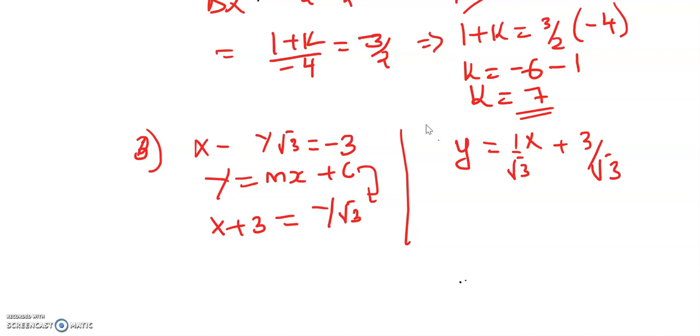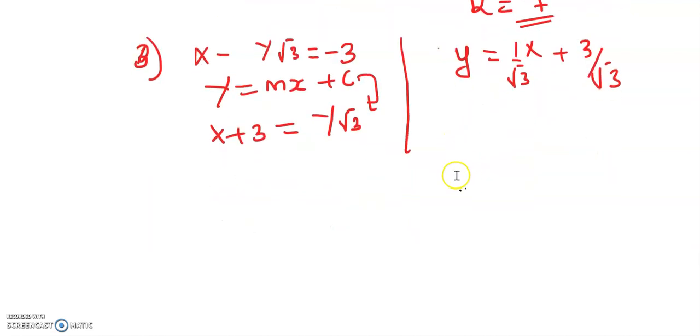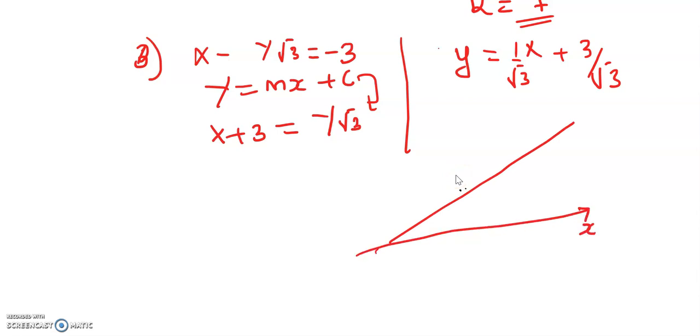Now this one has a positive gradient, which means that the line is moving in this particular direction. So this is what they are asking. This is the horizontal x-axis and this is the line. So they want this particular angle. Now remember that this angle here can be obtained by the following relationship, change in y over change in x.